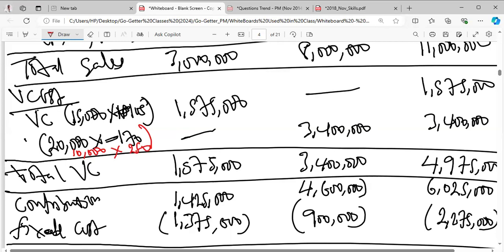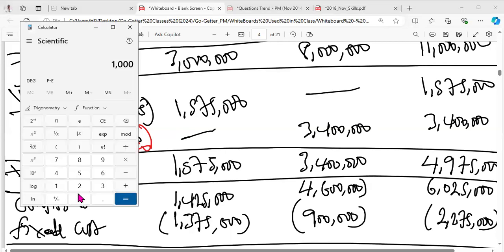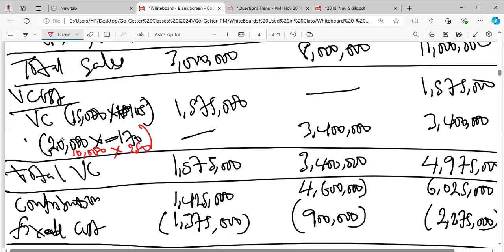Let's do that now. So everything we adjust. 10,000 components times 250 will give us 2,500,000. That's what we're going to put here. 2,500,000.